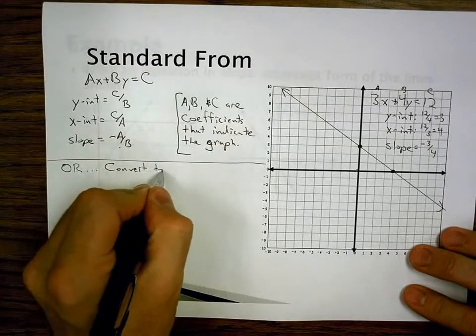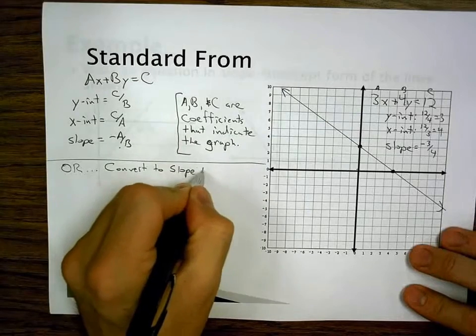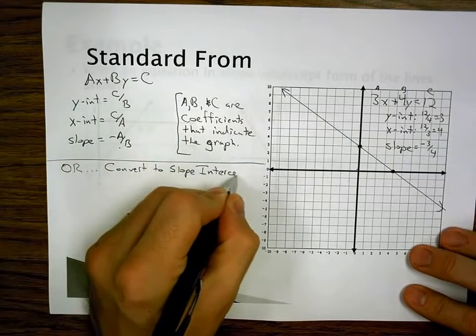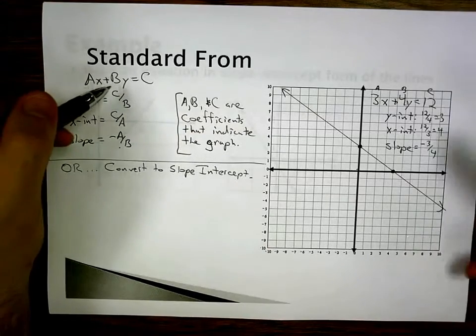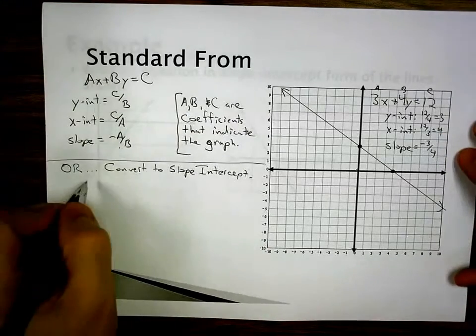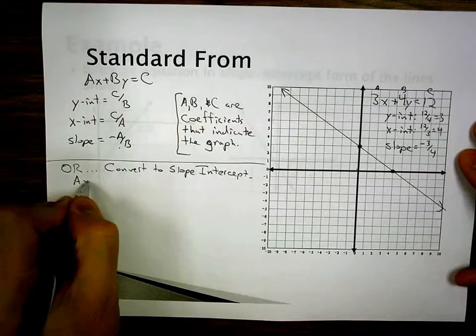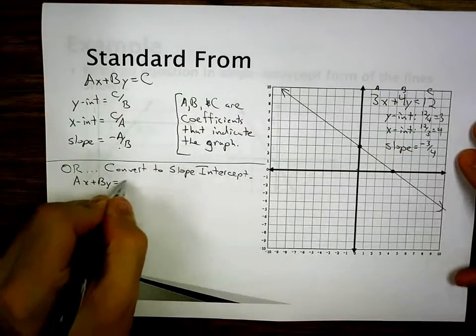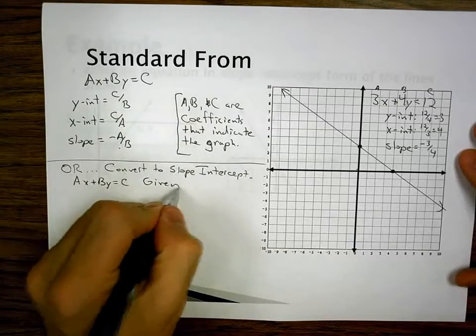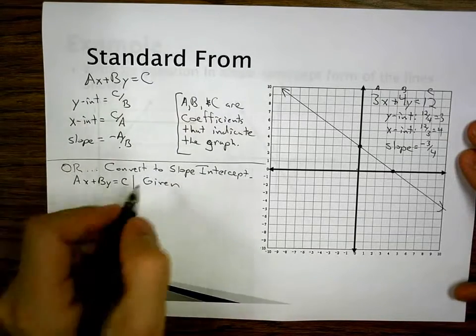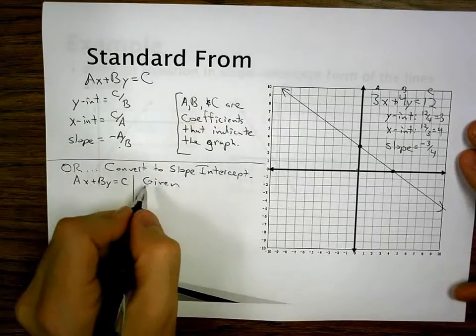So we could convert standard form to slope-intercept. We're going to do it using this general form, and then we'll look at this equation to verify. So if I have ax plus by equals c, let's treat it like a proof. I'm given that. I could subtract ax from both sides.